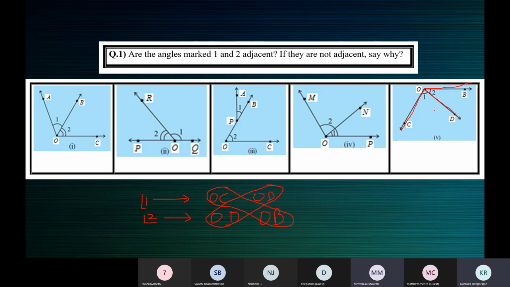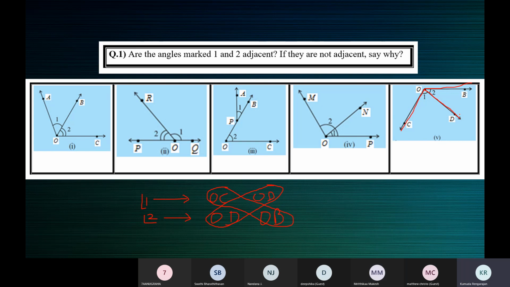Lie in the middle meaning, does it lie between the other two arms, the non-common arms? Yes, ma'am. Yeah, that means the non-common arms are on either side. See, this is the common arm. The non-common arms lie on either side of the common arm.